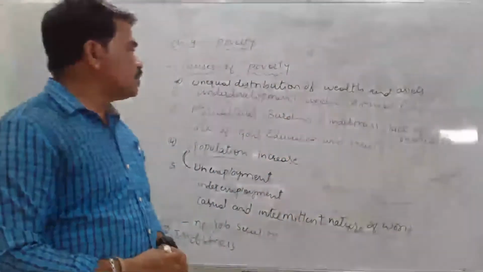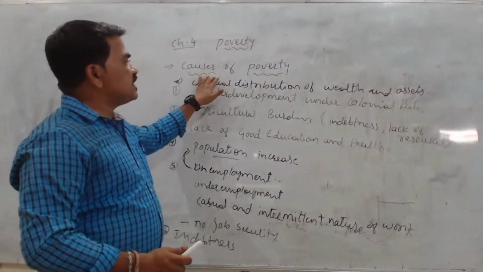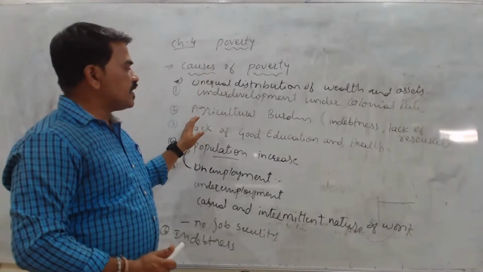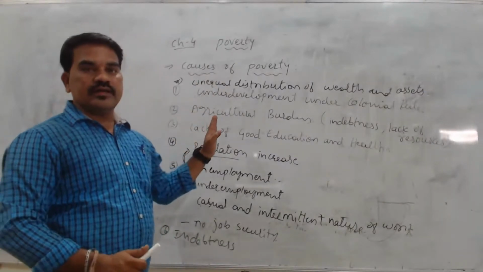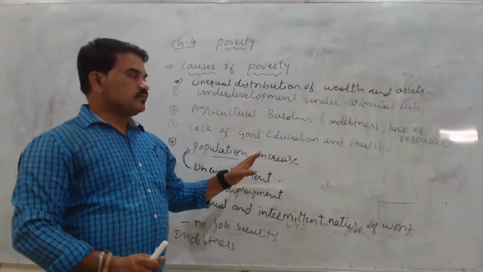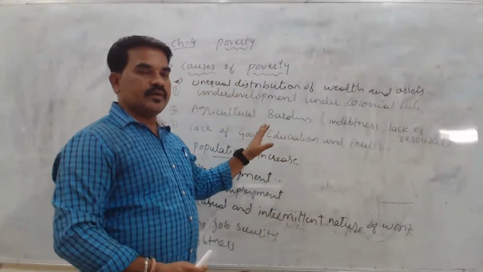So what we can do here to understand the reasons for poverty is a survey. We can go to any nearby vendor, a small cart seller, or a barber, whoever.